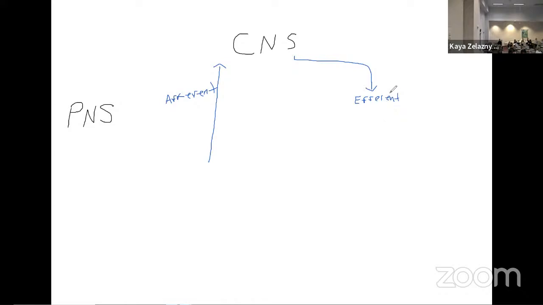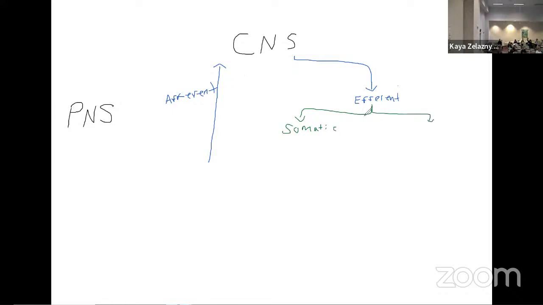Okay. So for our efferent nerves, our next division is going to be between our somatic and our autonomic parts of the nervous system. Okay, so somatic versus autonomic.